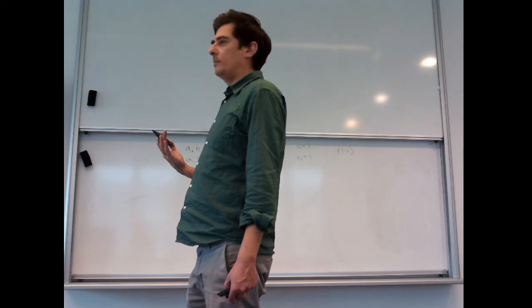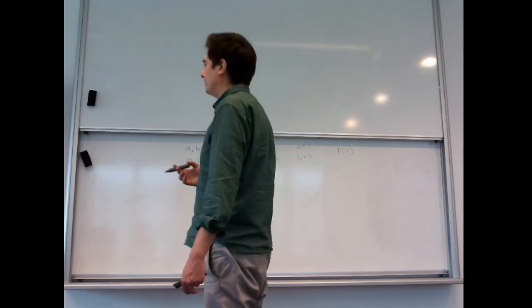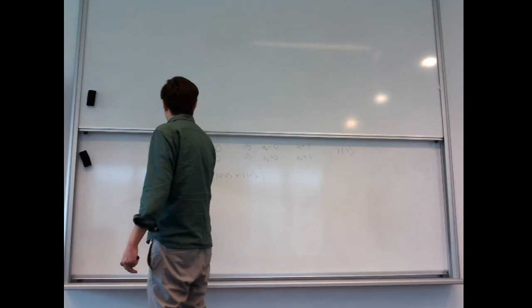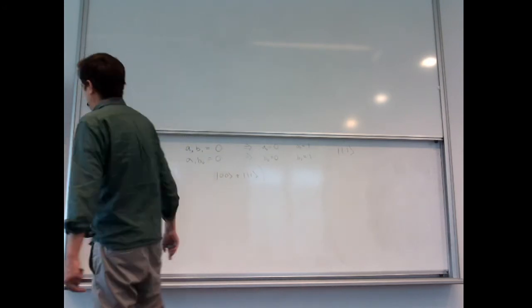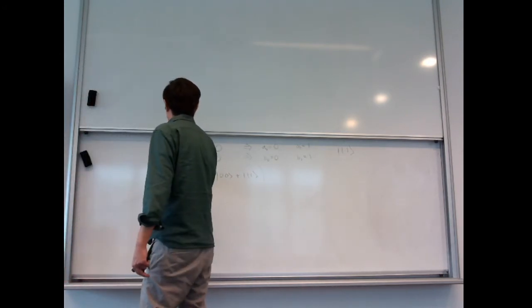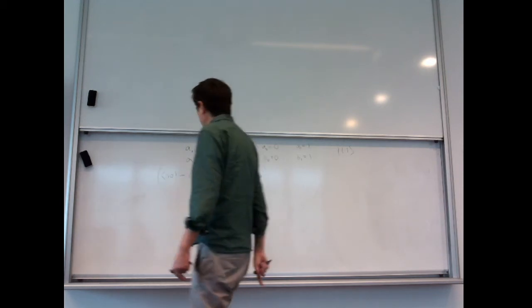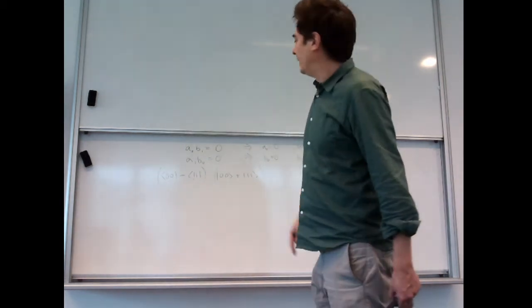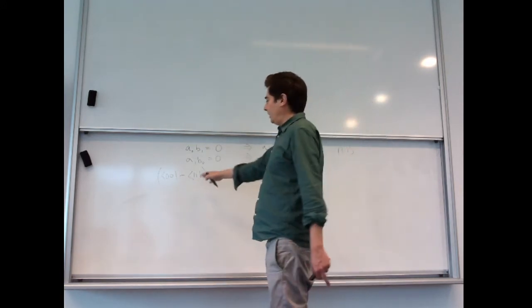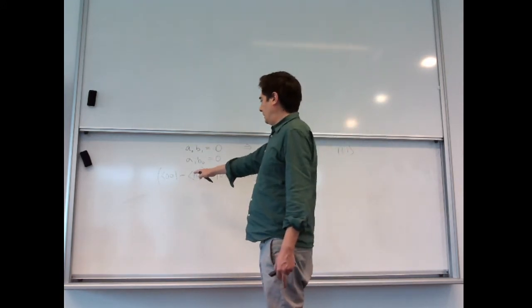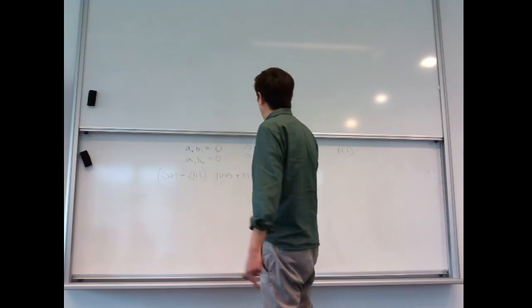Multiply it by the conjugate version. So take the inner product between, say, the second one and the first one.